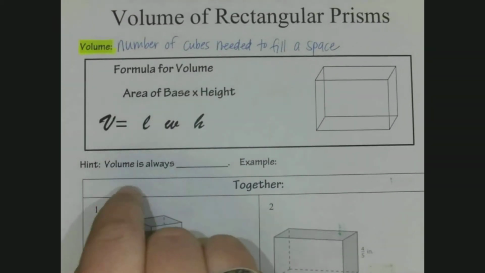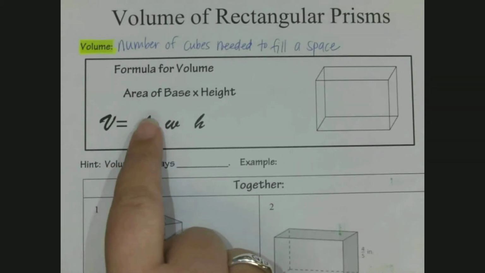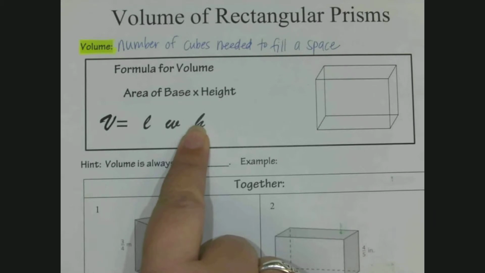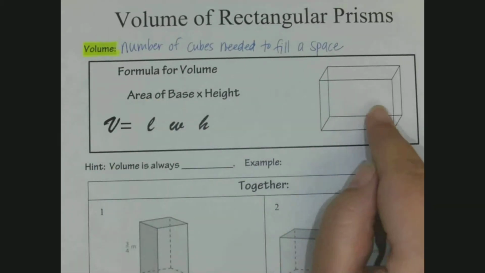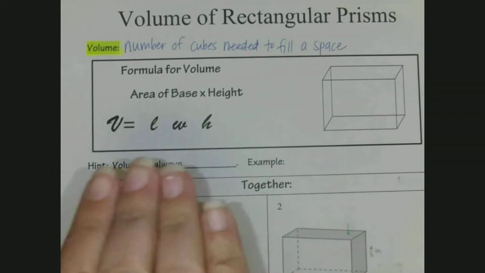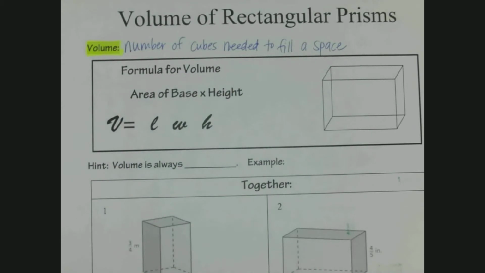So the formula for volume is length times width times height, okay? Or another way to think about it is you find the area of the base and you multiply it by how high it is, because you could fit that in as many high as it is. The hint is that volume is always cubed.